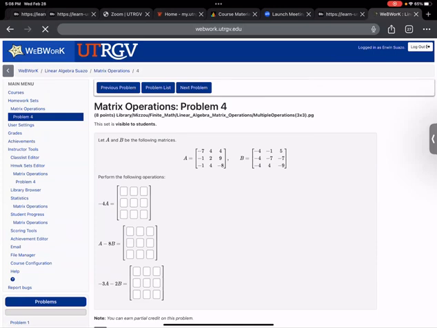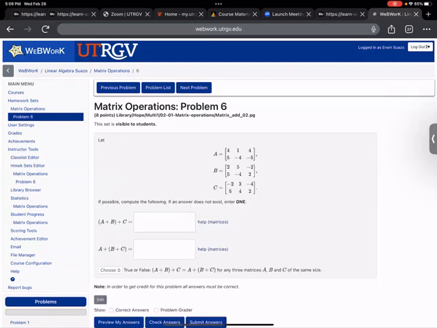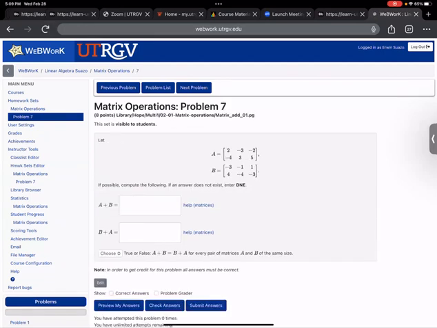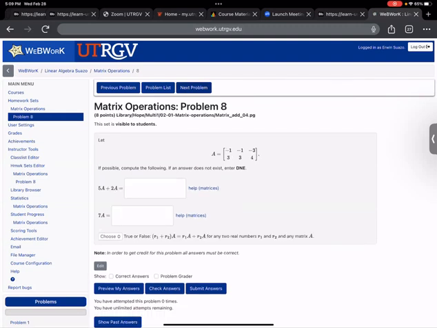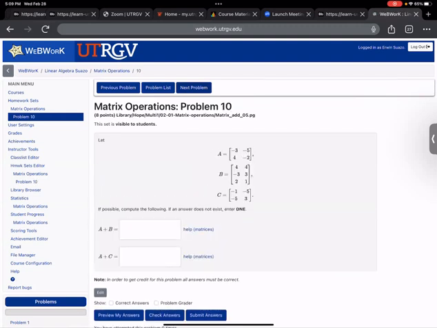Negative 4 times the matrix. You just solve for x, and these are matrices, so you can do all these operations. If you have any questions, let me know, okay? But I think they are very natural.